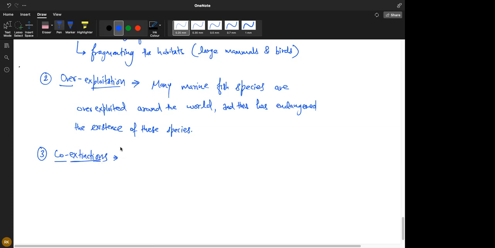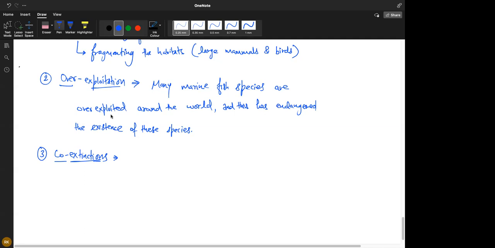Coextinction happens when, due to the direct effects of our activities or any factor, one species becomes extinct, but it has a relationship, especially a mutualistic or obligatory relationship, with another species.